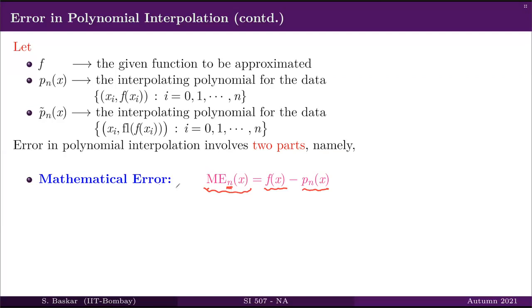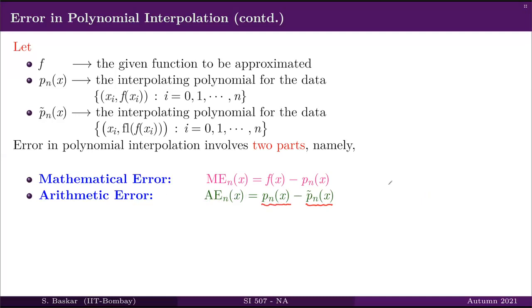Therefore, the mathematical error involved in the nth degree polynomial Pn when compared to f of x is denoted by MEn of x. And similarly, we will also define another type of error, which is called the arithmetic error. This is the error involved in Pn tilde of x when compared to Pn of x. And we use the notation for the arithmetic error as AEn of x.